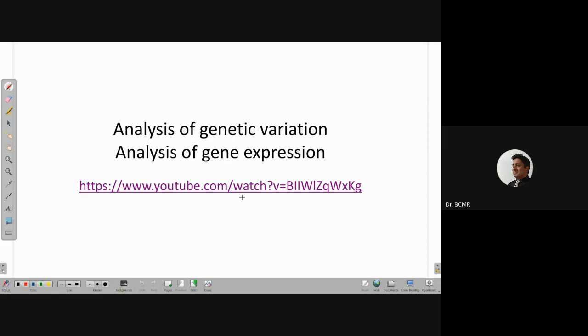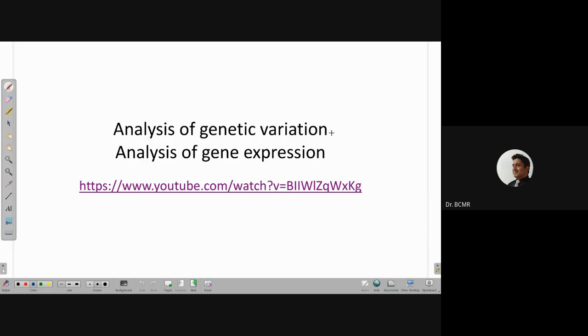Until now, we have learned several things about how to construct a recombinant DNA. And in the following classes, we will also learn about several things, including how to analyze or use several molecular techniques, the principles and the ways to interpret them.